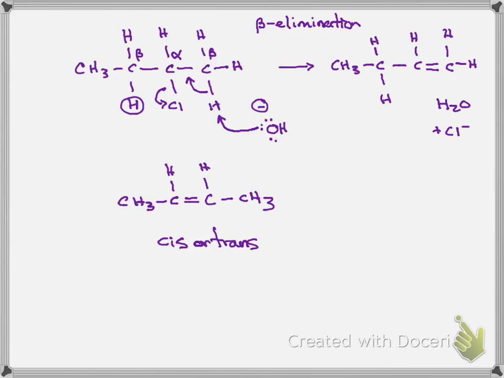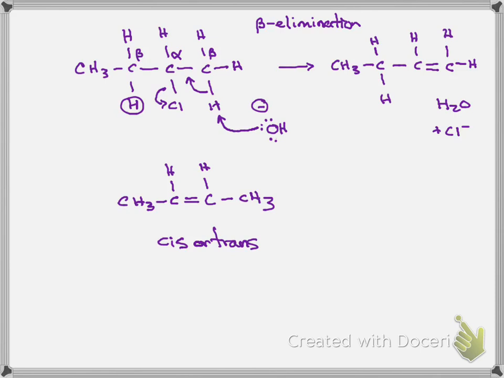So let me point out to you something. This is part of what's known as Zaitsev's rule, okay? You remember how there's Markovnikov's rule for addition? You always form the more stable carbocation or the more substituted carbocation.